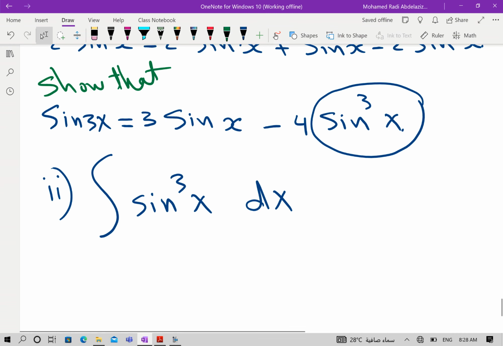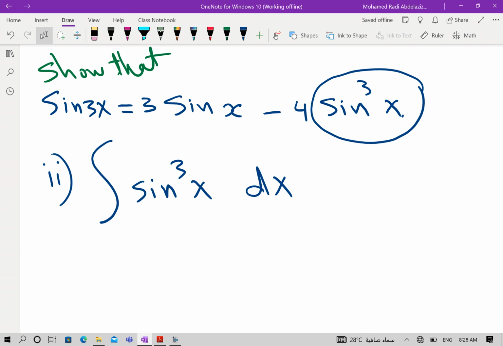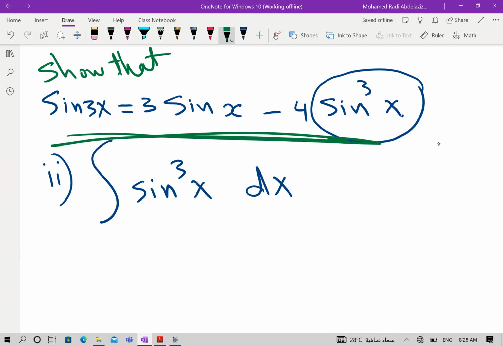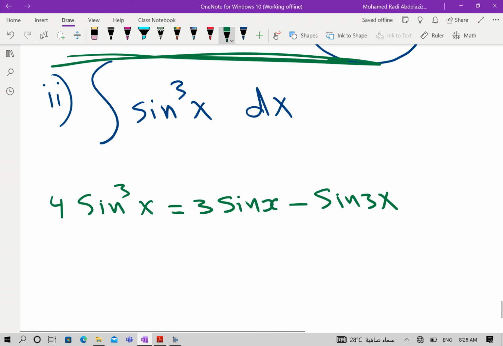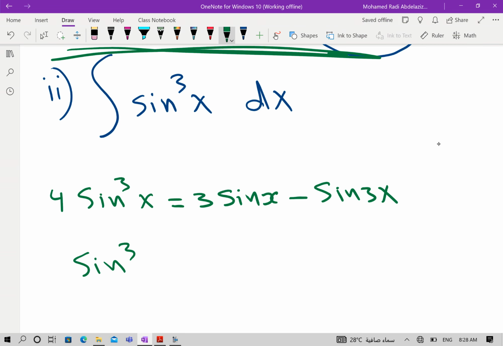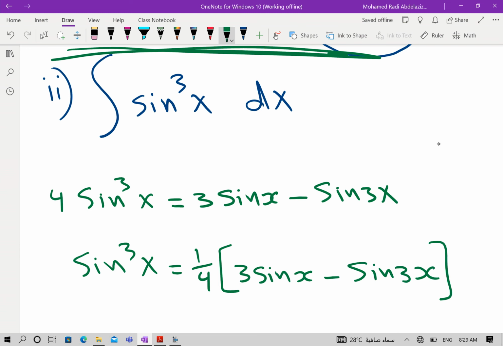We'll move sine cube from right to left to be positive, and move the sine 3x across. 4 sine cube x is equal to 3 sine x minus sine 3x. Clear? Divide by 4. Sine cube x is equal to 1 over 4, 3 sine x minus sine 3x.